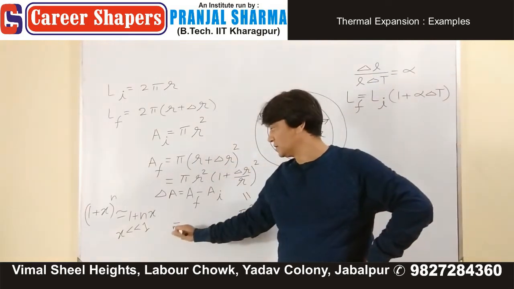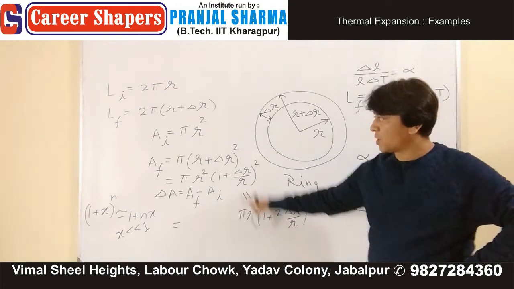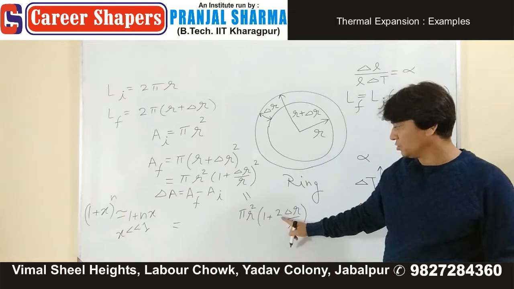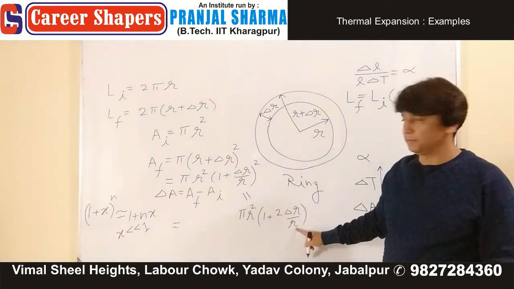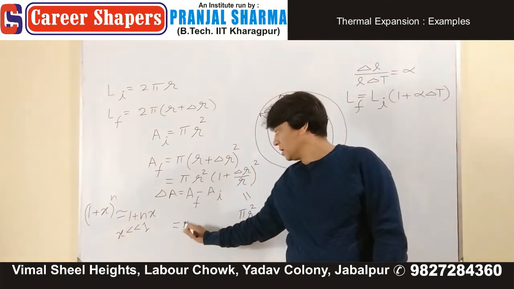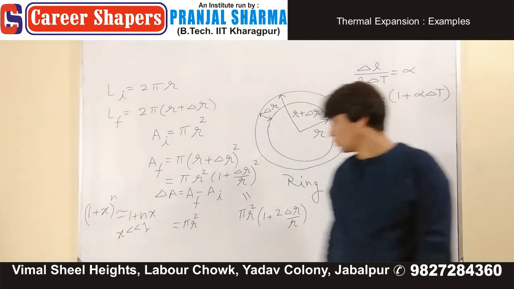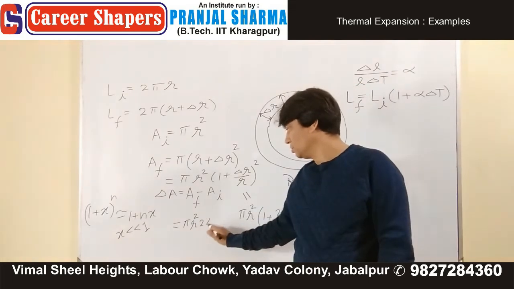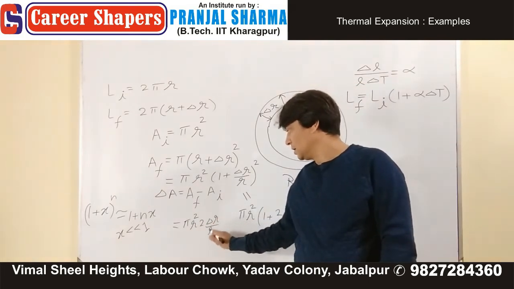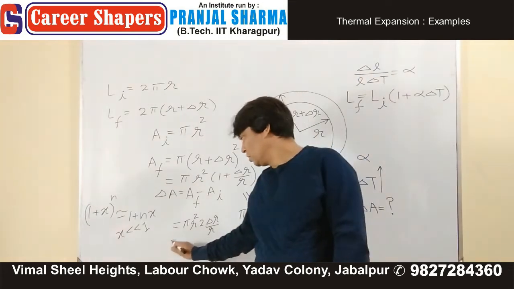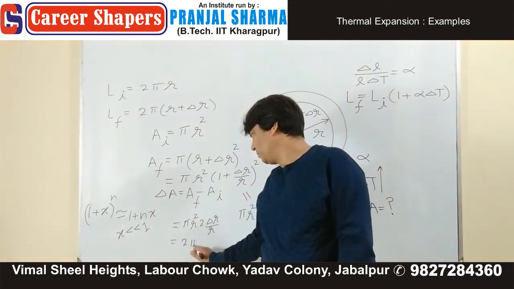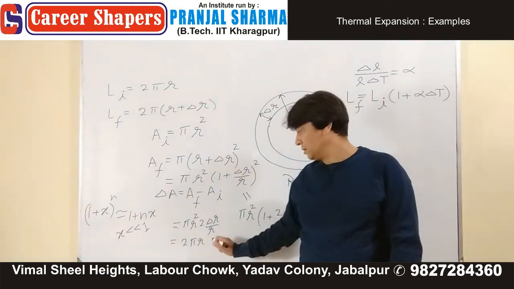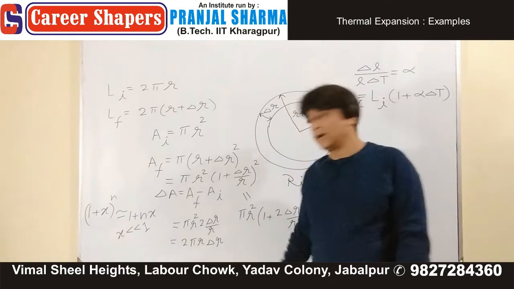When you subtract, the terms pi r square and pi r square are gone, and you are left with pi r square times 2 delta r divided by r, which is 2 pi r multiplied by delta r.